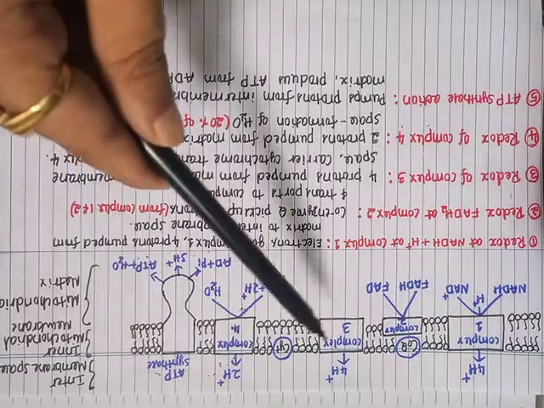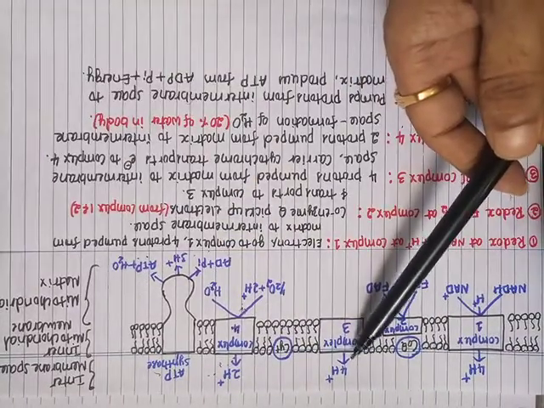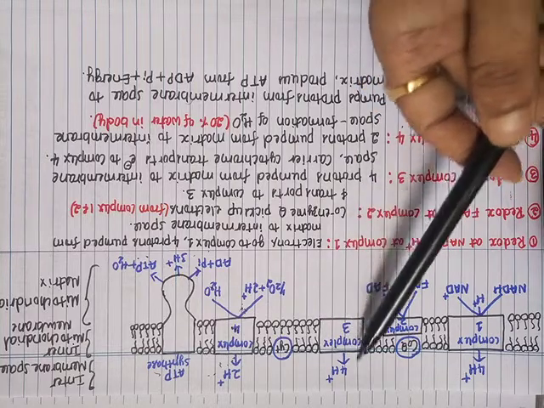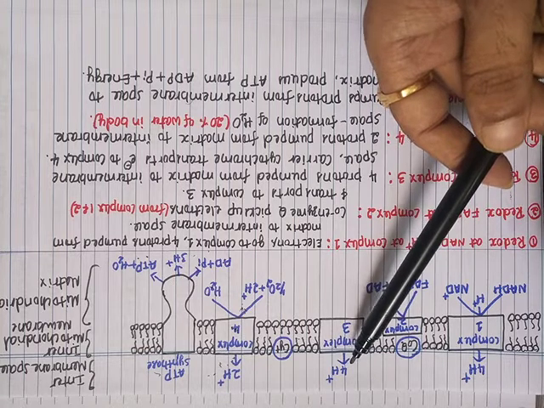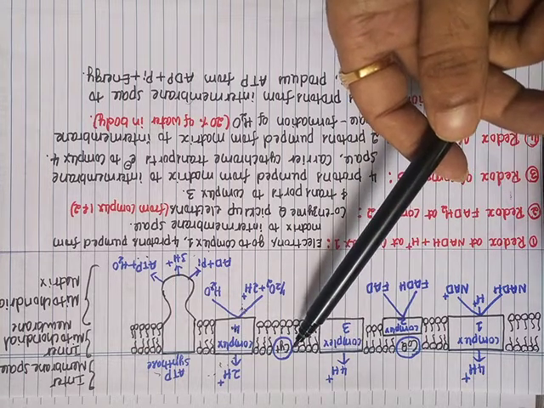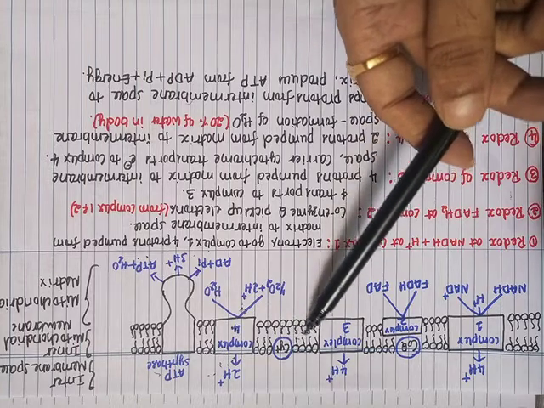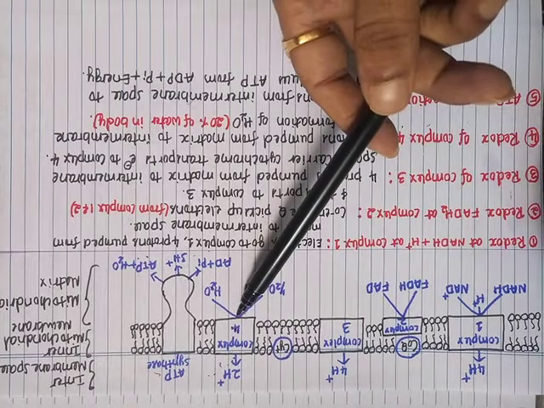At complex 3, the 4 protons are pumped from the matrix to the intermembrane space. The cytochrome, the electron carrier, transports those electrons to complex 4.